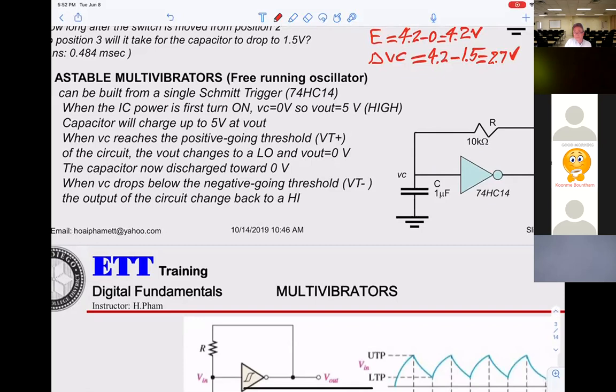So basically it works the same as the inverter 7404 for TTL logic.